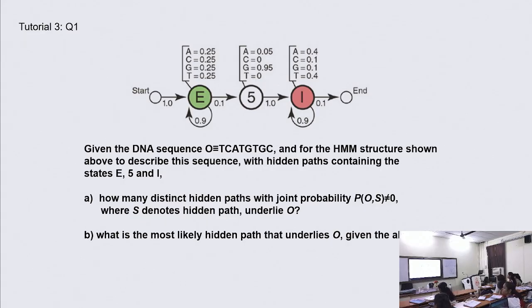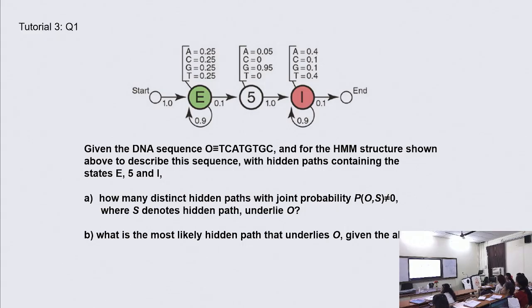So look at the observation sequence. When would it be 0? Look at the values of the output probabilities. Suppose I say that the boundary is this C. Will the probability be 0 or non-zero? 0, because the probability of C from 5 is 0, right?